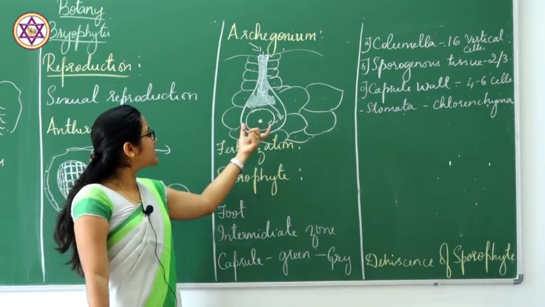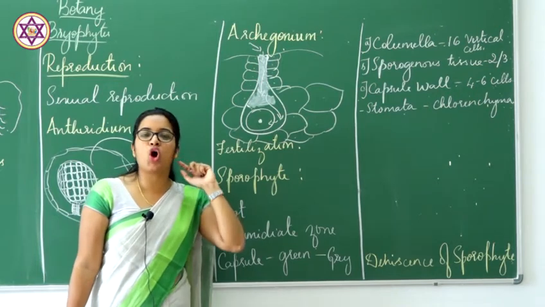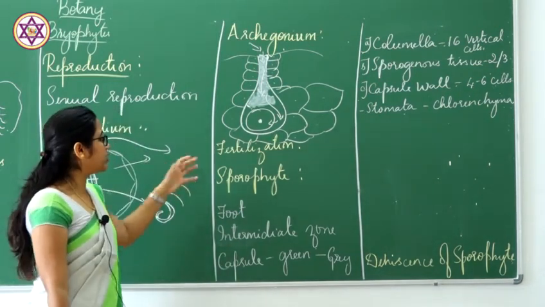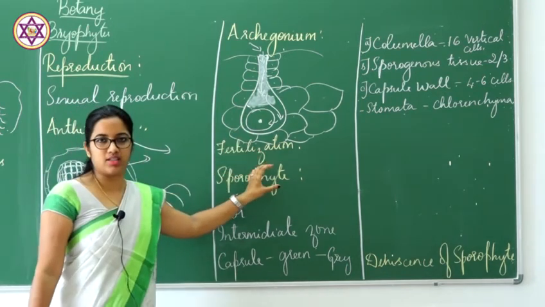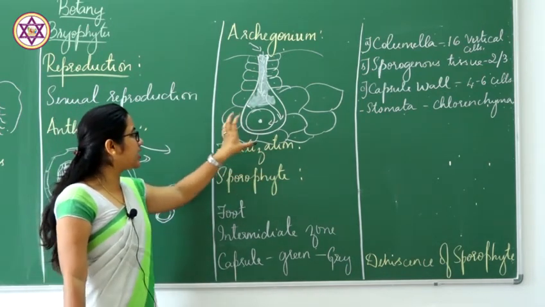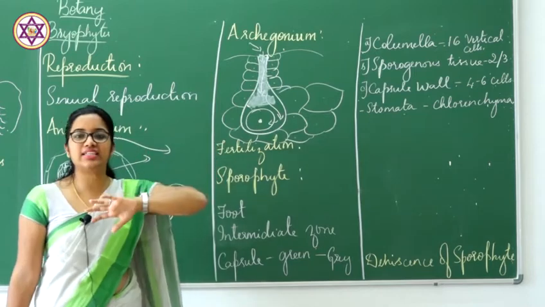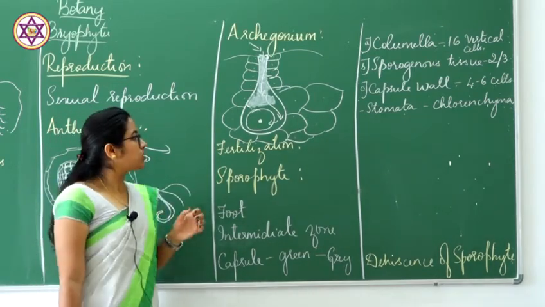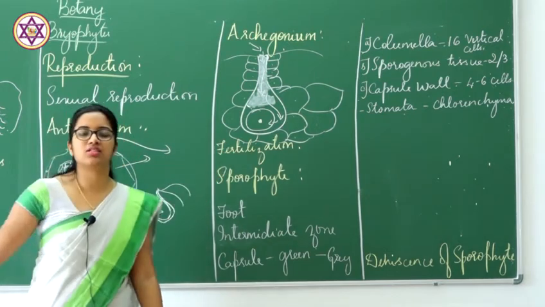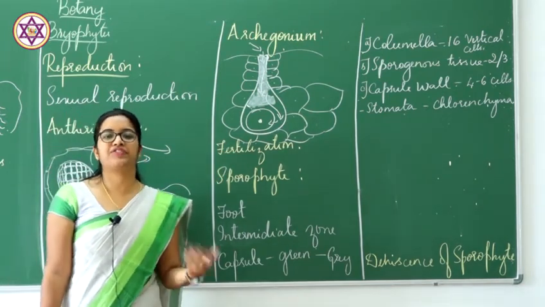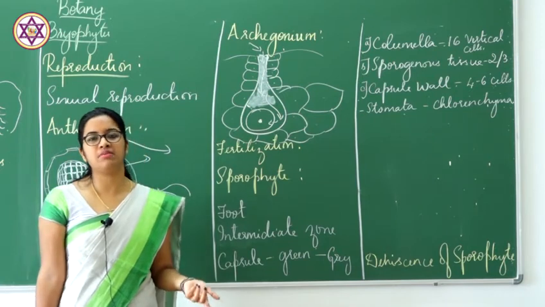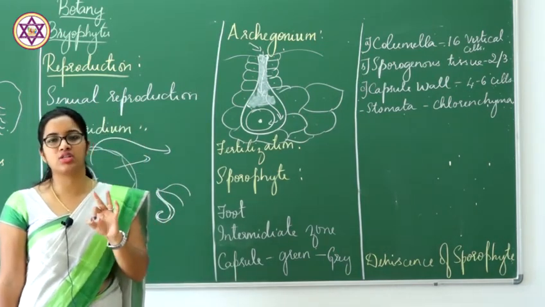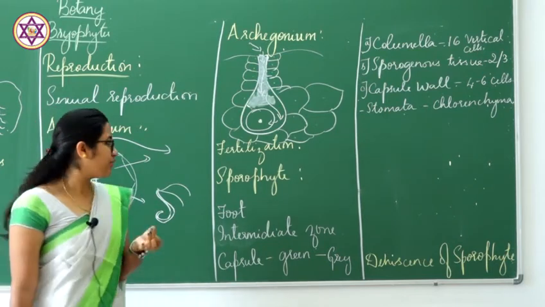Once they fuse, a diploid zygote is produced, that is, fertilization occurs, and this zygote will divide to form the sporophyte. Now, the sporophyte in Anthoceros is a bit different from that which we studied in Marchantia. Only the sporophyte varies among Anthoceros, Marchantia as well as Funaria.